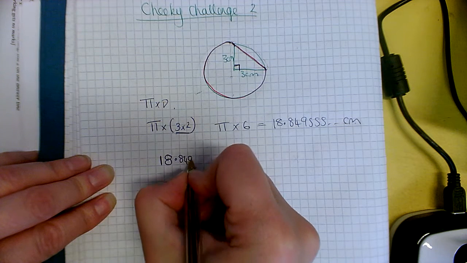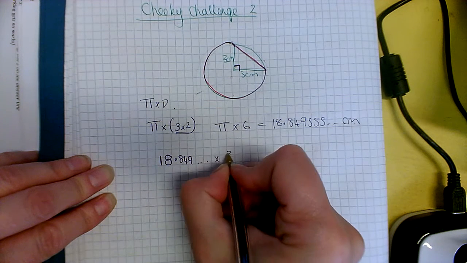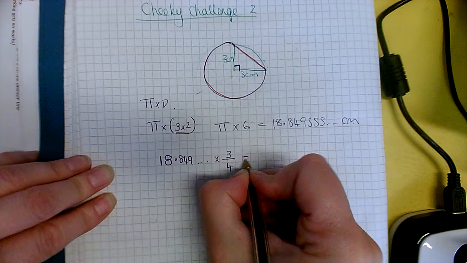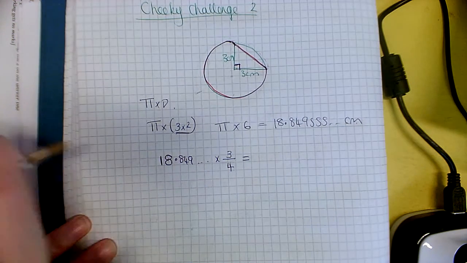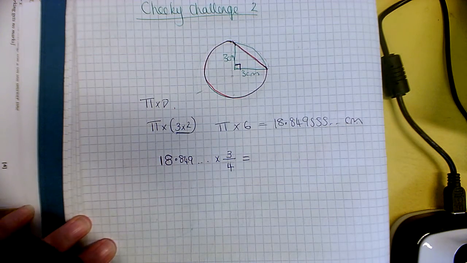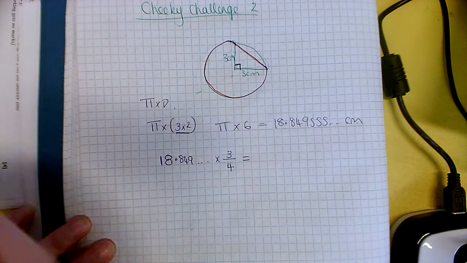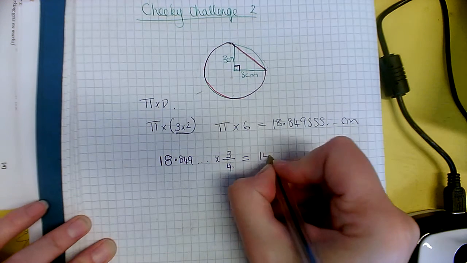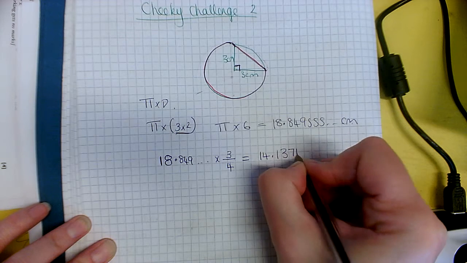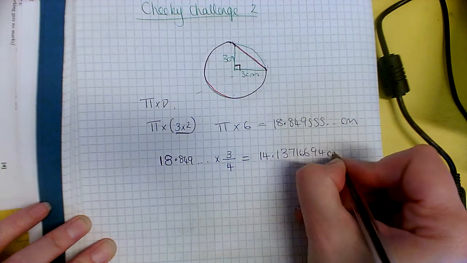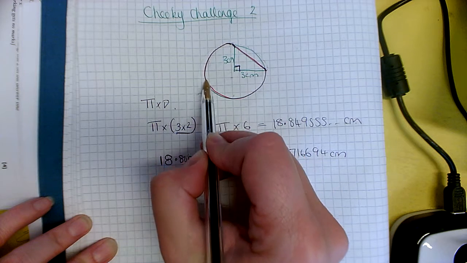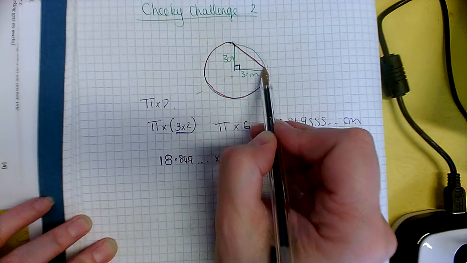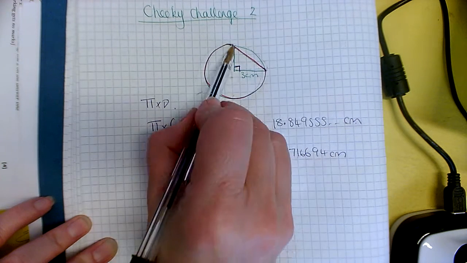So I'm going to do 18.849... and I'm going to times it by 3/4 because I want to keep 3/4 of it. Okay, I want to get rid of 90, keep 270. So I'm going to times it by 3 and then divide by 4, which is going to give me 14.1371669 centimetres. Okay, so this then gives me this whole piece around here, around here, around here to here.